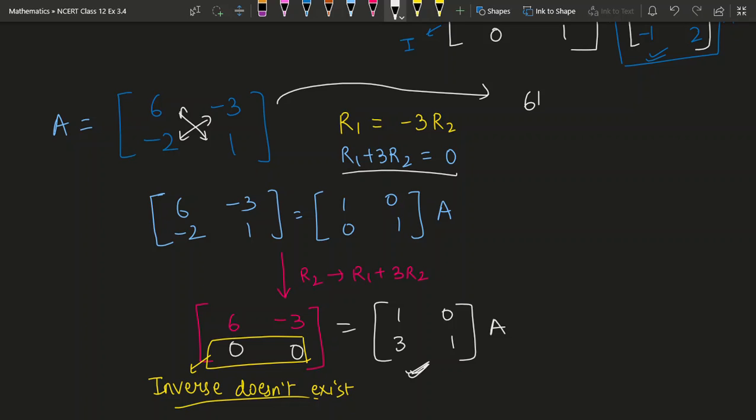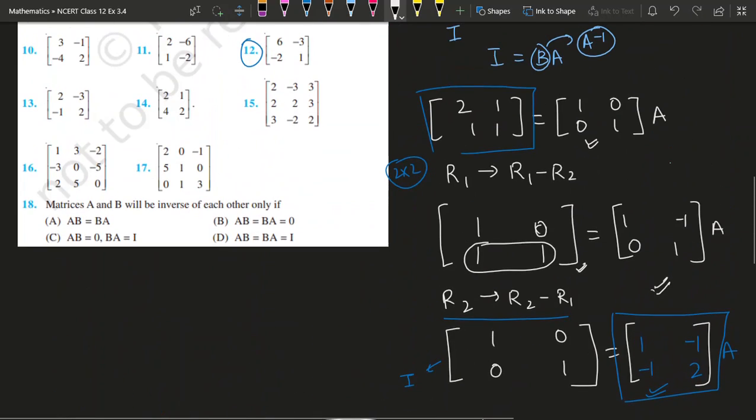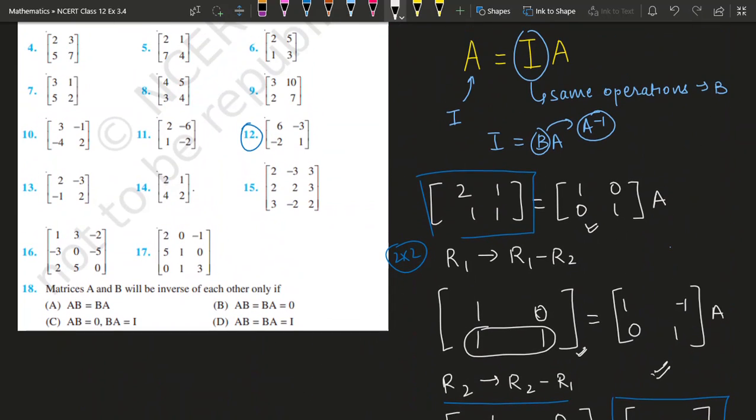So 6 times 1 minus negative 2 times negative 3. That's 6 minus 6, which is equal to 0. So for any matrix whose determinant is 0, the inverse will not exist. So we have talked about 2 by 2 matrices, one whose inverse exists and one for which it doesn't.